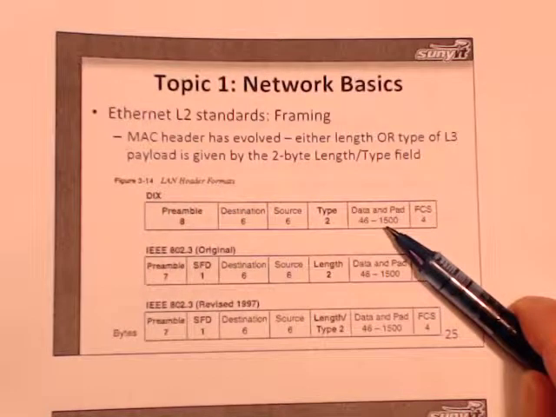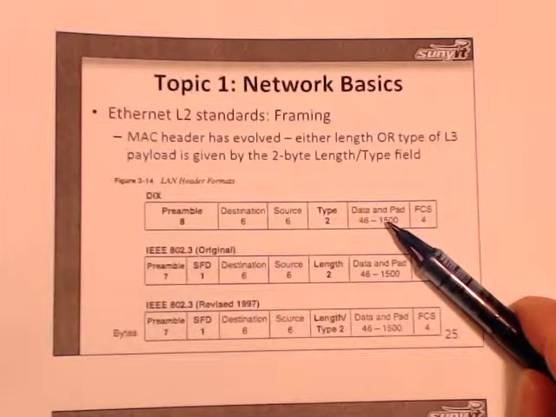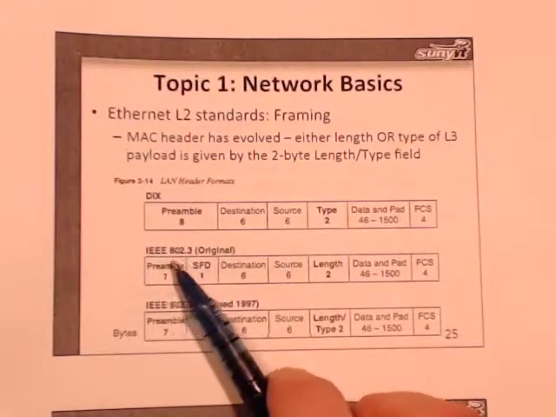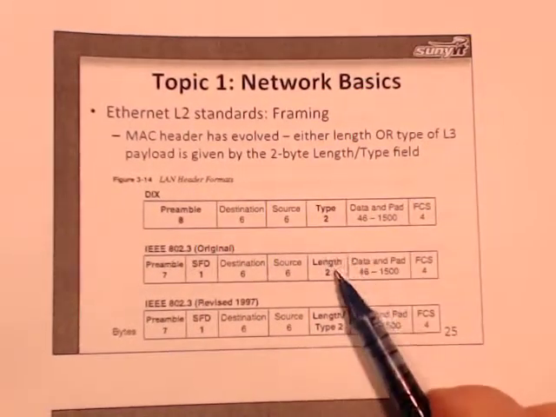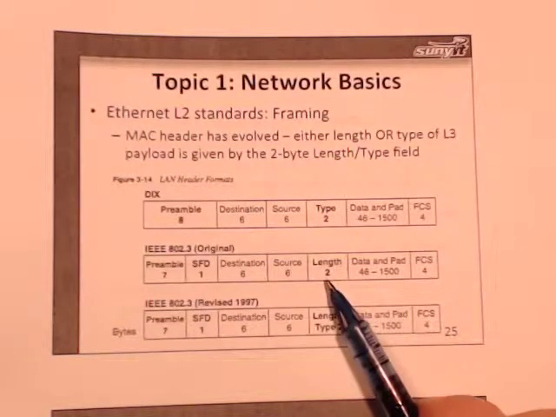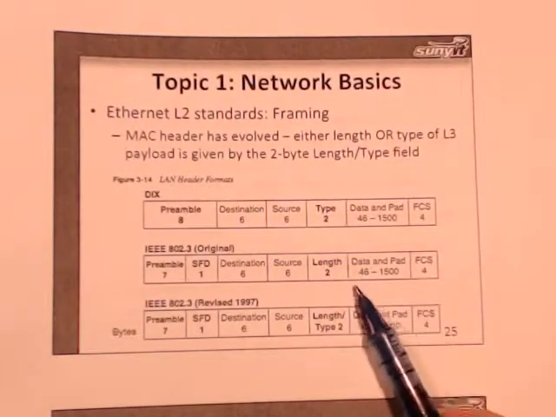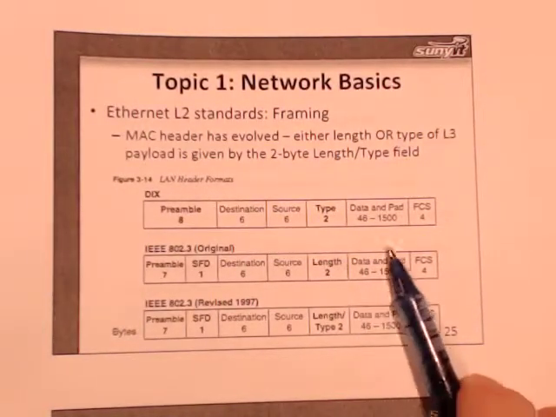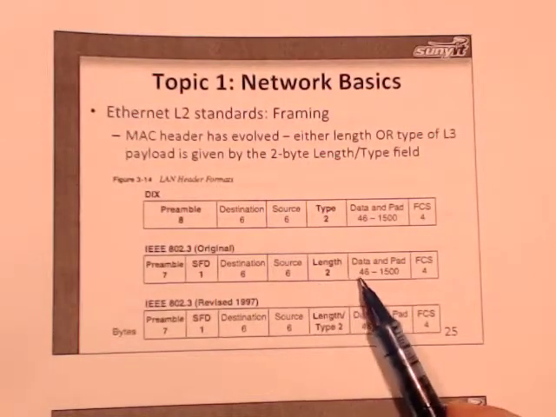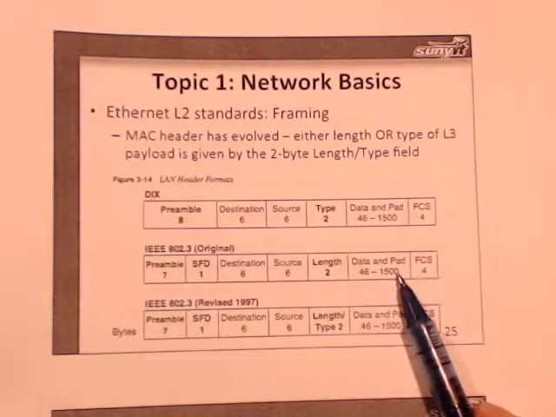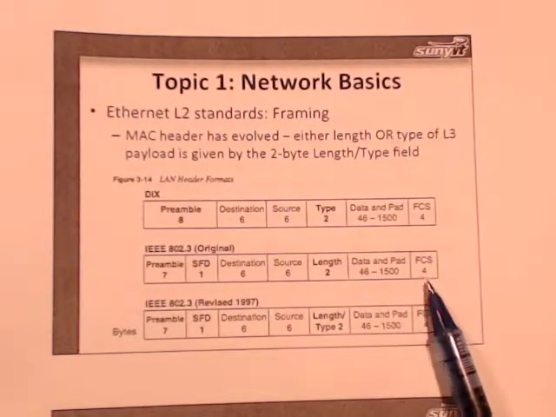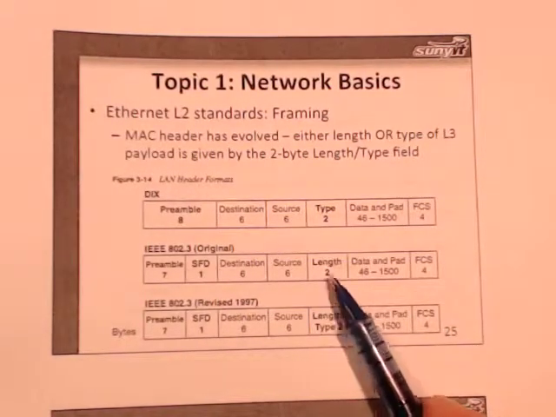And then when IEEE 802.3 came out, those 2 bytes were used for the length, giving the length of the data and the pad. And you need to know that because as the frame is being processed, you need to know how far to read before the frame check sequence starts.